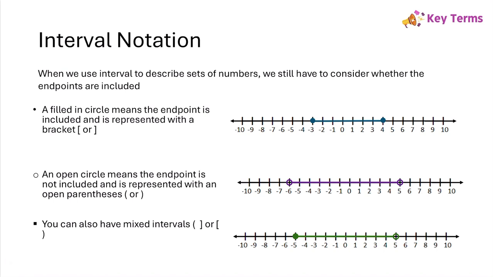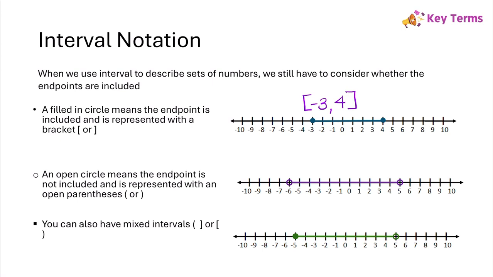So in interval notation, if we have a filled-in circle with the endpoint included, we're going to use a square bracket. And if we have an open circle where the endpoint's not included, we're going to use an open parentheses. Just like with mixed inequalities, we can have mixed intervals also. So we can combine an open parentheses and a square bracket. So in this first one, we have our interval from -3 to 4, and both endpoints are included, so we're going to put square brackets around the whole thing.